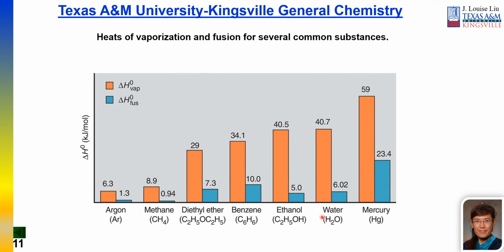So if you take a look, your water is very high, ethanol pretty high. As long as you increase the polarity or you form hydrogen bonds, it tends to have higher heats of vaporization and fusion. On the other hand, your mercury, because mercury is bonded together through metallic bonding, is very different from other liquids.